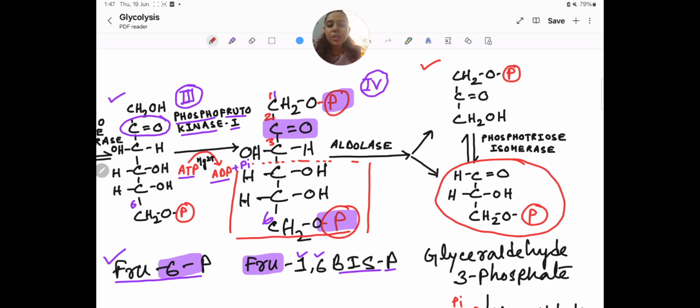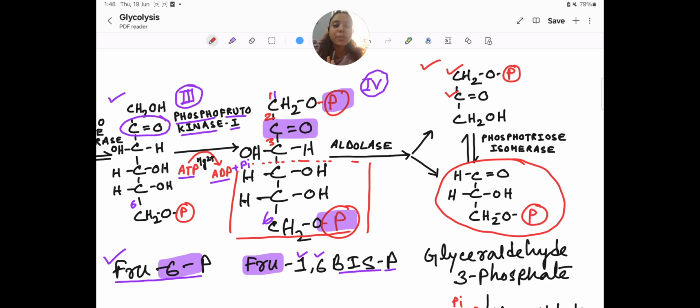Okay, 1, 2, 3. See, here is the same CH2OP, the first carbon with the phosphate group attached, and the second carbon is a ketone group, so C double bond O, and there is CH2OH. One H is extra because we are cleaving this bond here, so there must be addition of hydrogen to this carbon, that is why CH2OH. This is a 3 carbon compound and it is similar to acetone.